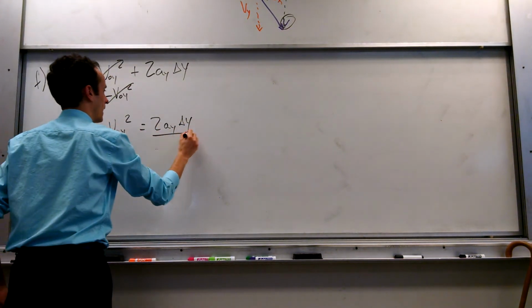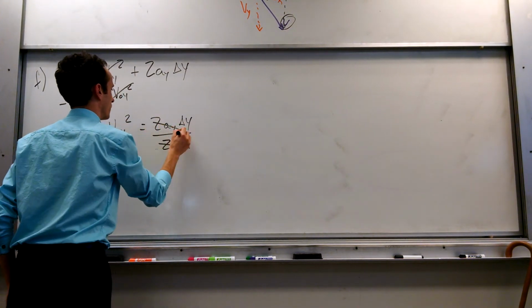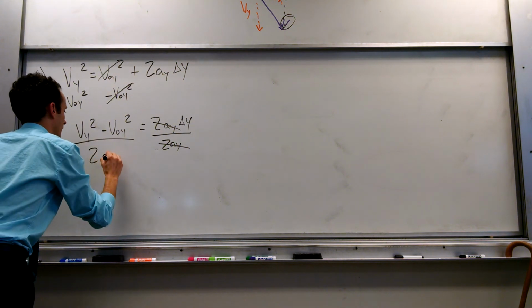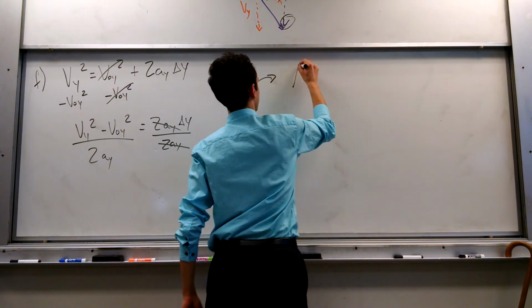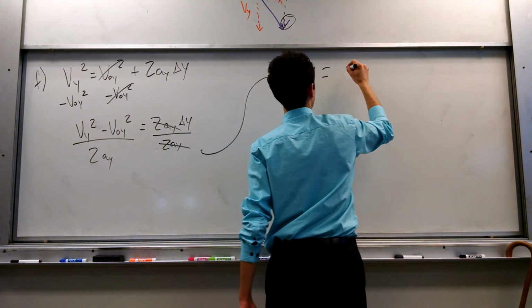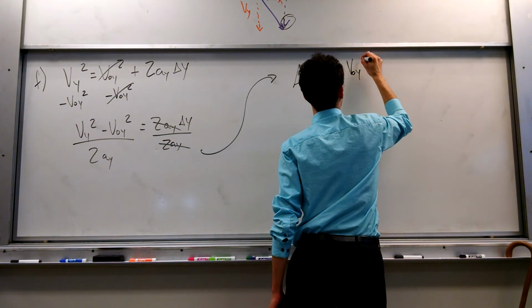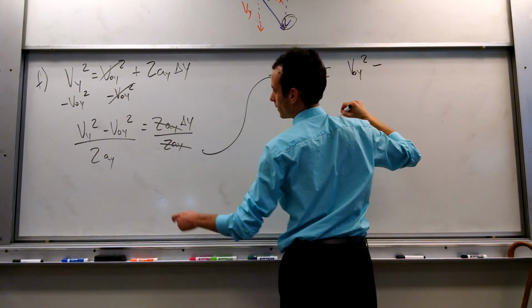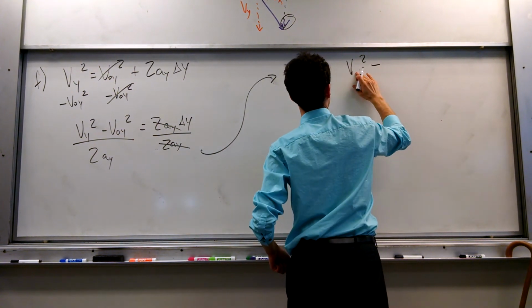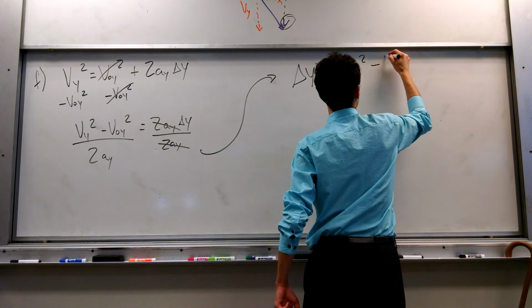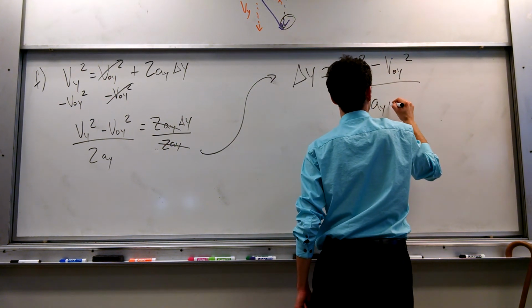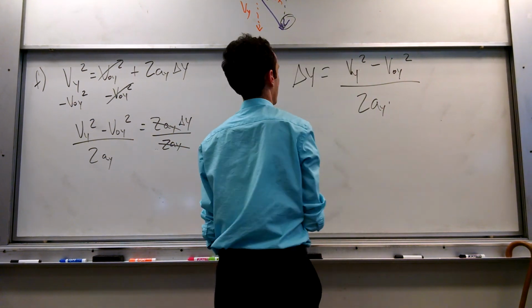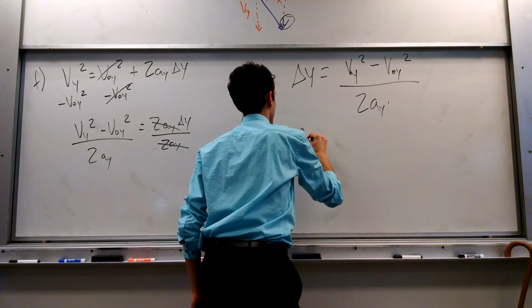To isolate delta y, I divide by 2ay. So delta y equals Vy squared minus V naught y squared, all over 2ay. That's it.